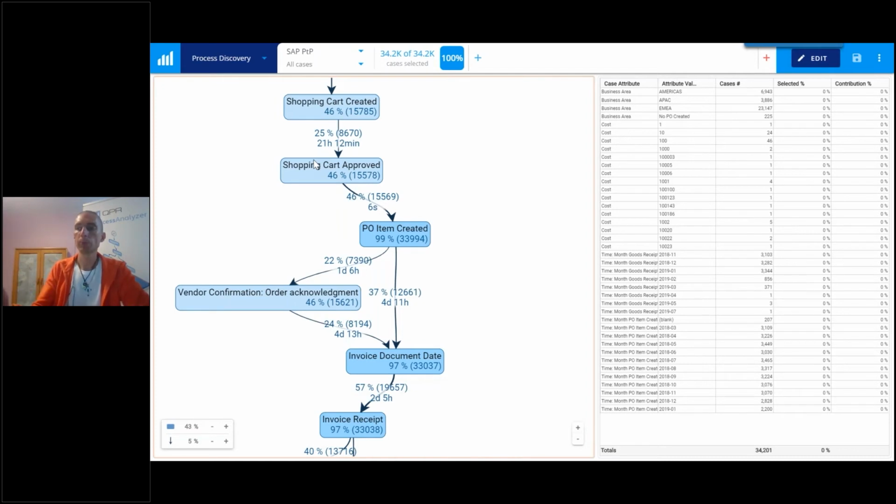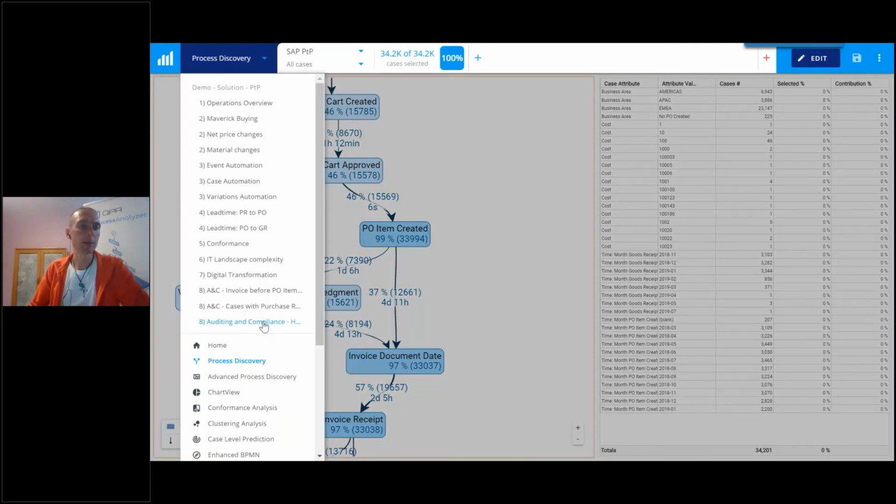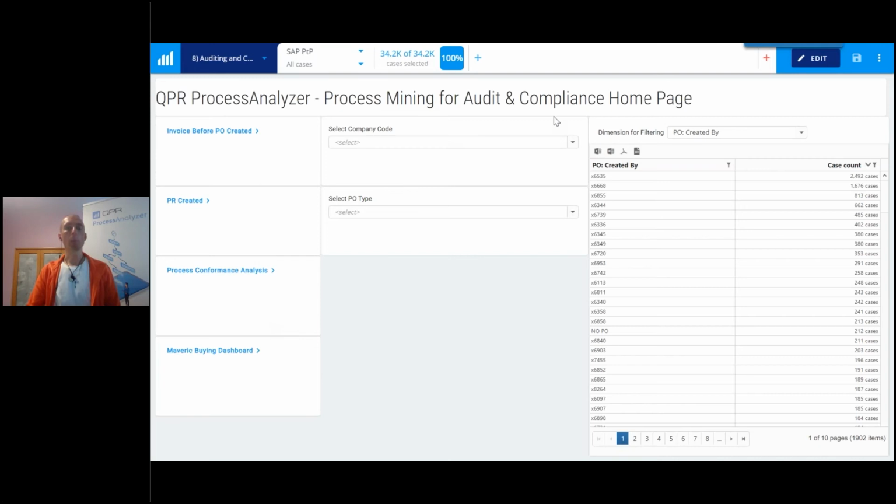And then when you want to publish that to other people, or when you want to make that same analysis again and again, then in auditing and compliance, it's very typical that you do this kind of small scale application. So here we have an example of this process mining for audit and compliance application in QPR.